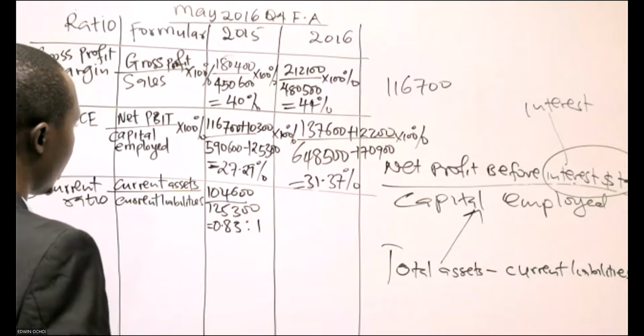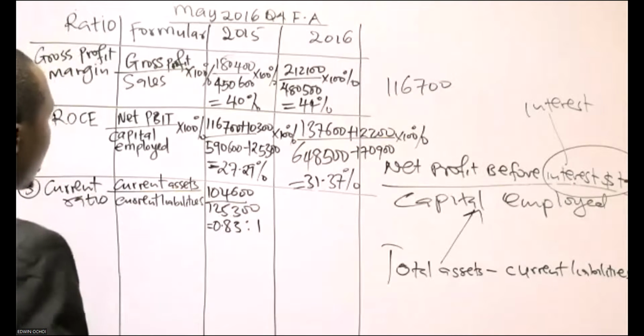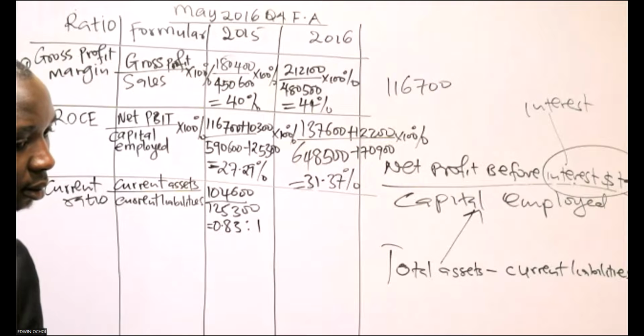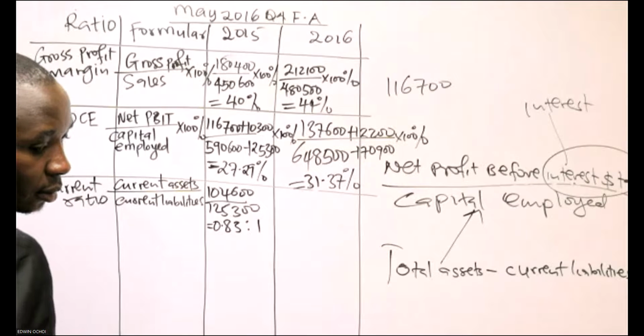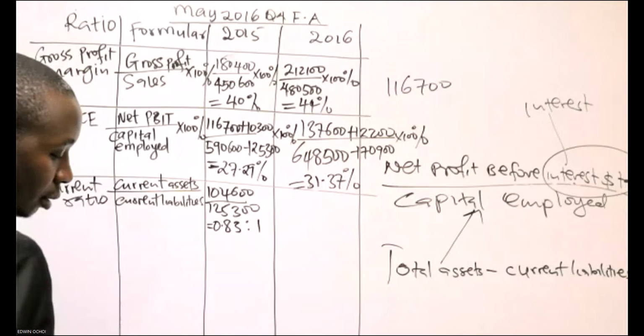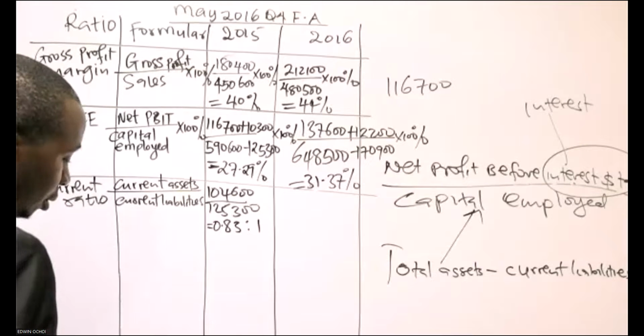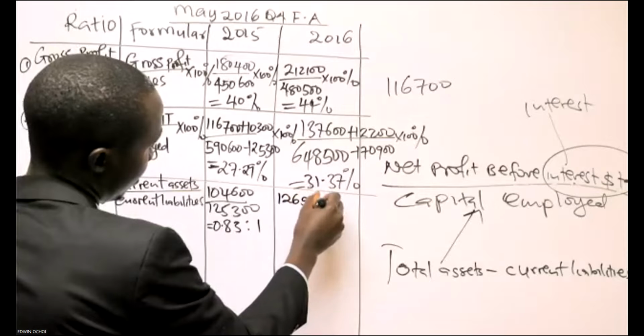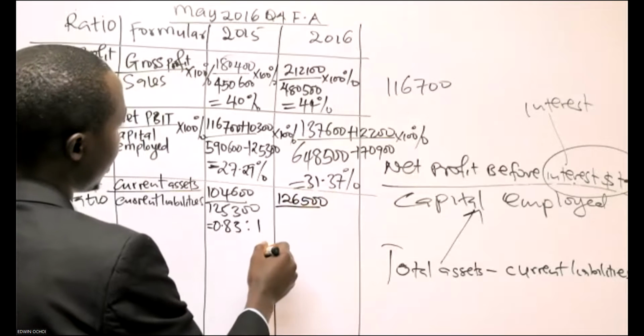This one for 2016, total current assets 126,500.